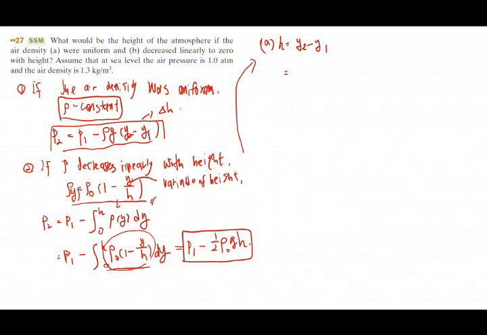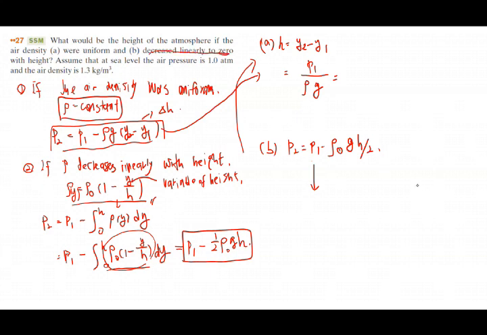If you rearrange the equation from number 1, then that should be P1 over rho naught g. And then for number B, it's the same: P2 is P1 minus rho g h. Now the P2 here is set linearly to 0, so at the top of the atmosphere at height h, P2 is equal to 0.